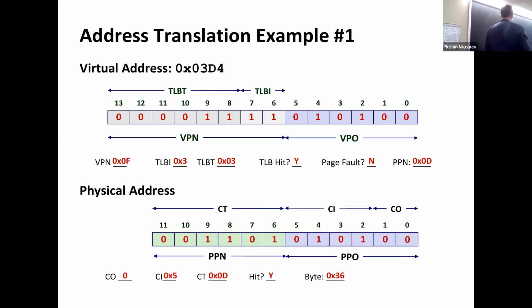So the page number is 6 bits, right? So therefore we also have 0, 0 in front: 0, 0, 1, 1, 0, 1. That's our physical page number.